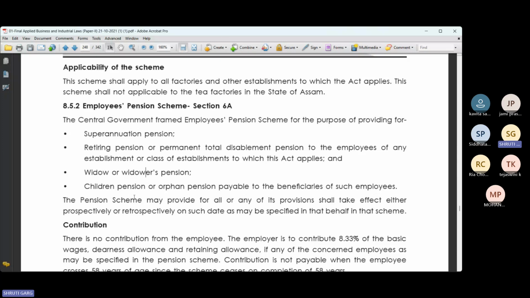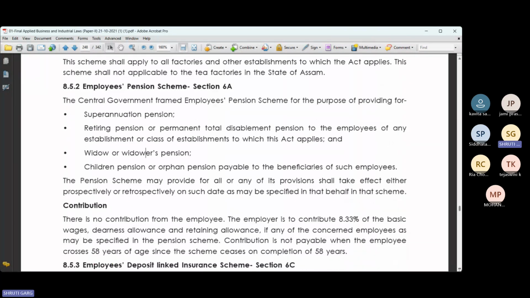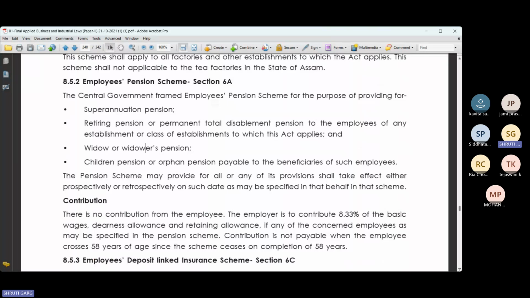The pension scheme may provide that all or any of its provisions shall take effect either prospectively or retrospectively on such date as may be specified in that scheme. Clear? So basically this pension scheme is made for the purpose of superannuation pension, retiring pension, permanent total disablement pension, right? Widow or widower's pension, children pension, or orphan pension, which is payable to the beneficiary of such employees.